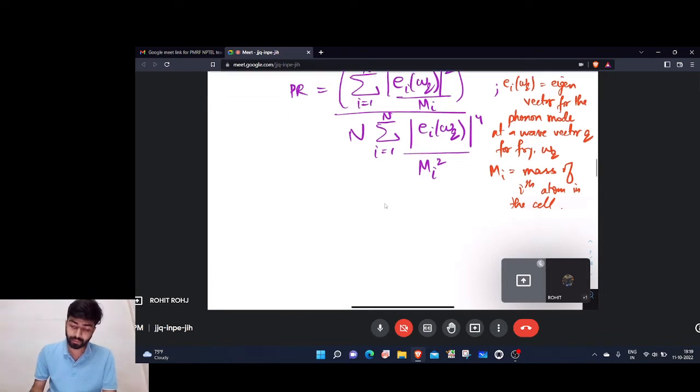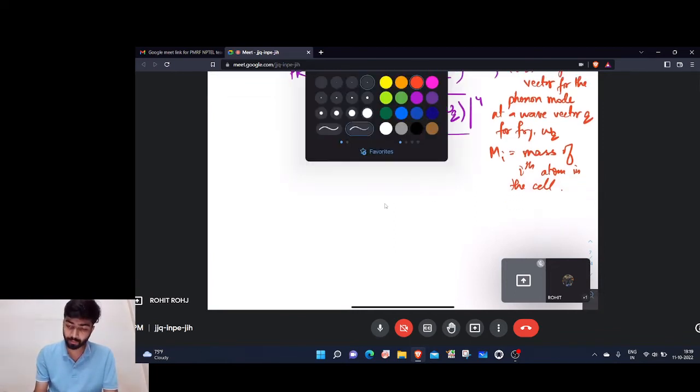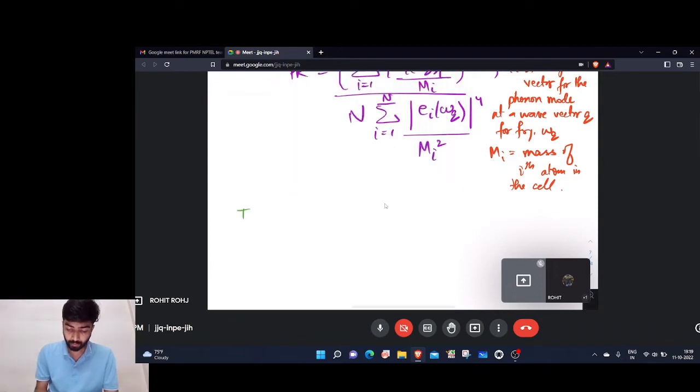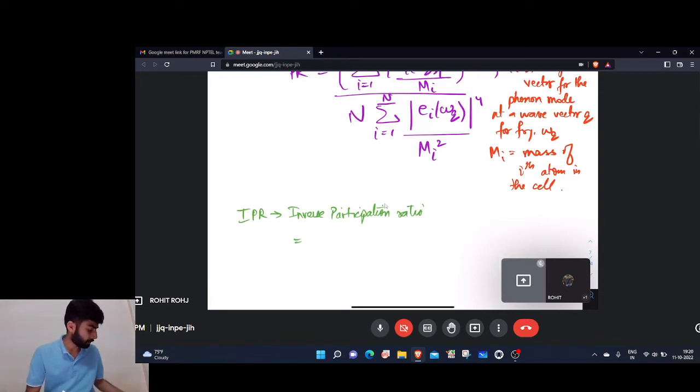Now in the same context, inverse participation ratio, IPR, we can define it as follows.